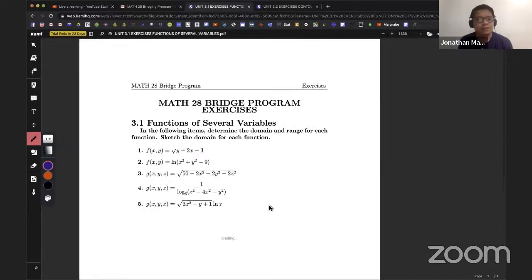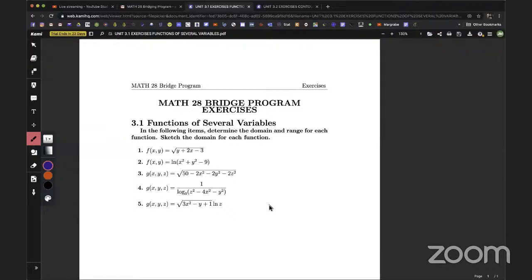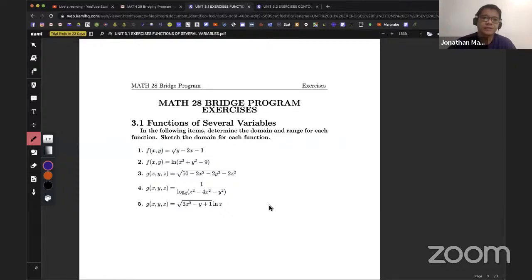Okay, so again for item number one, the function f of x,y equals square root of y plus 2x minus 3. From this function, this is a function of two variables. So since this is a function of two variables, the domain should be the set of ordered pairs, or the domain should be a subset of R squared.